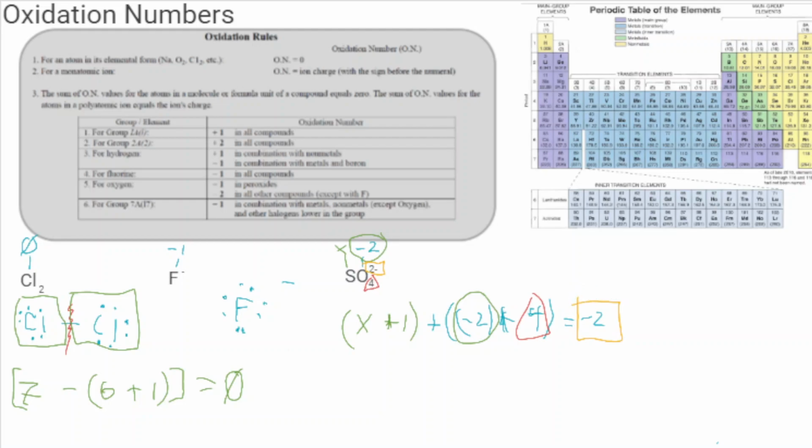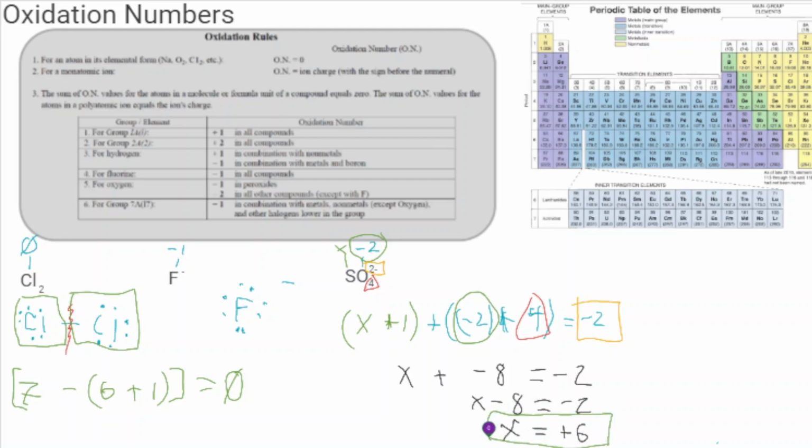So we can go through and solve for x. We can do x times 1, which gives us x, plus -2 times 4, giving us -8, is equal to -2. So we can say x minus 8 is equal to -2. Then we can add 8 to both sides, and we can get x is equal to a +6. And so that is going to be our oxidation number for sulfur.